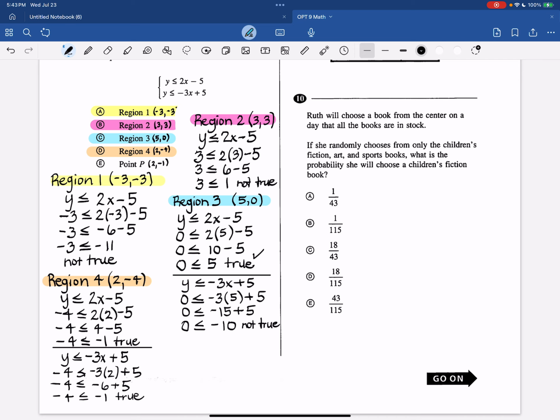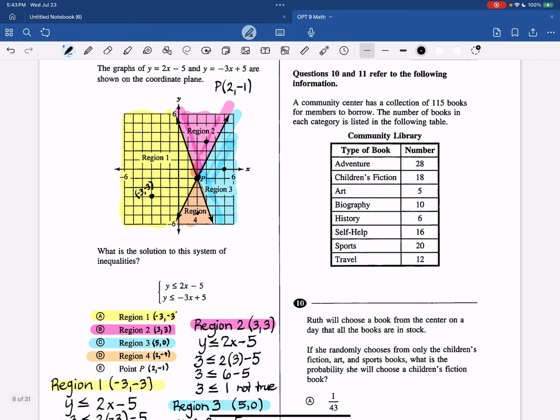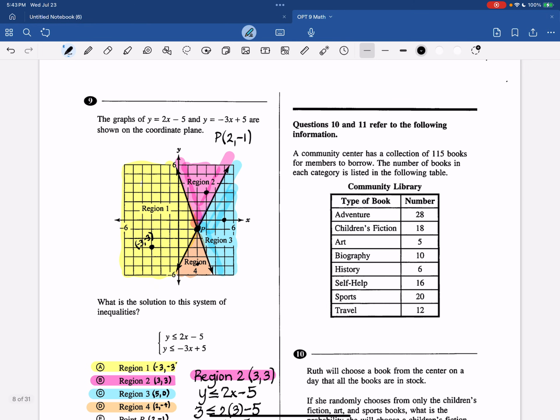But don't forget about point P. We still need to test that one, and I'm going to have to come up here to do it because I've just run out of room. So let's test point P. And I'm using that first inequality. That's y is less than or equal to 2x minus 5.